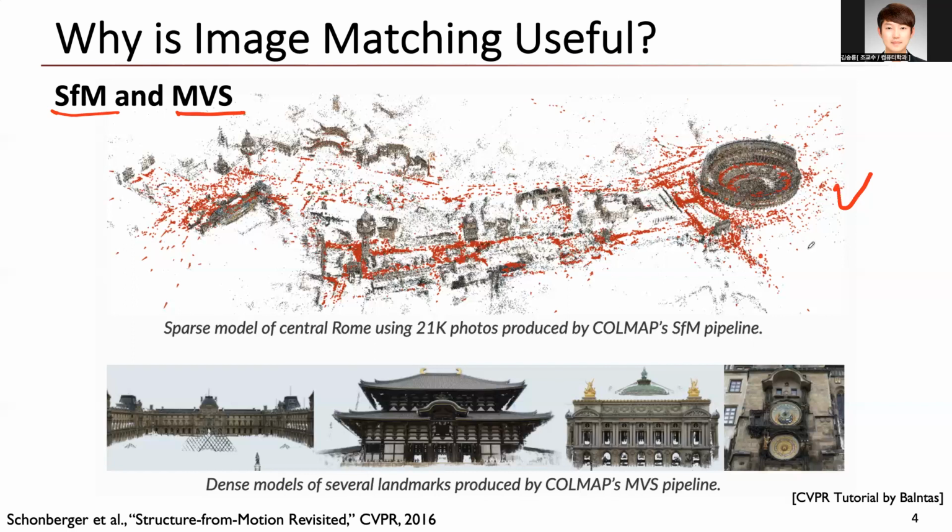The red dots represent the camera locations and viewpoints if we enlarge this, and these points form a 3D model. Or if we densify this 3D model with color texture, we can build a dense model that looks like this. This is the dense model of several landmarks produced by the COLMAP MVS pipeline.